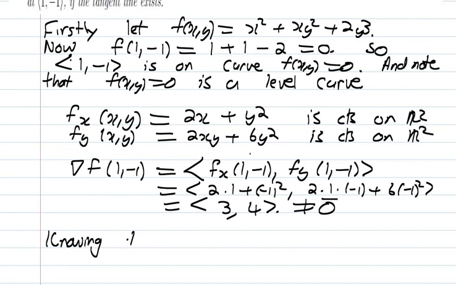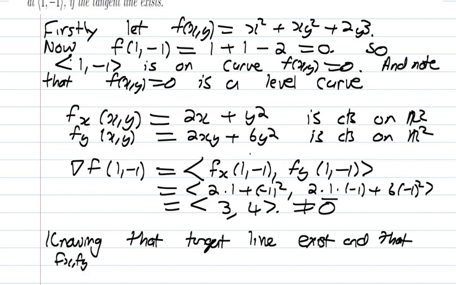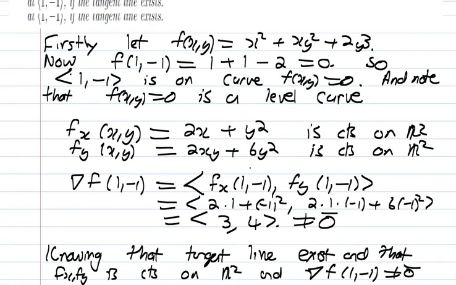Knowing that the tangent line exists and that fx, fy are continuous on R2, and grad f at the point (1, -1) is non-zero, I want to emphasize that.